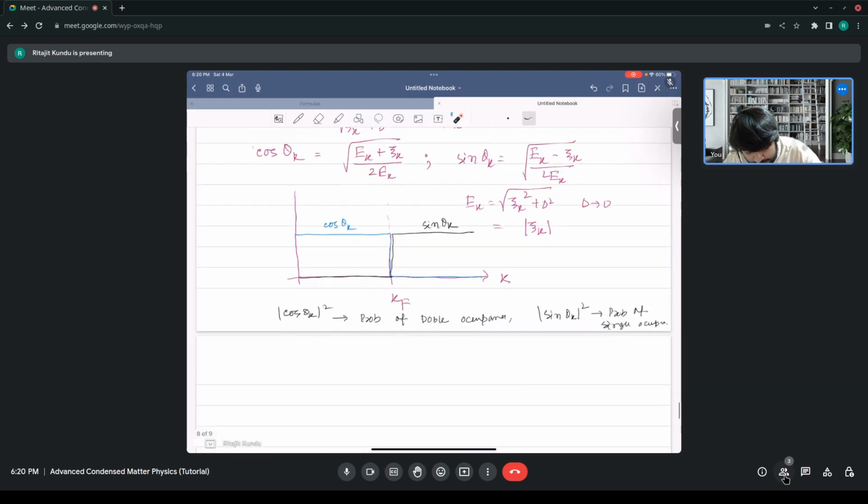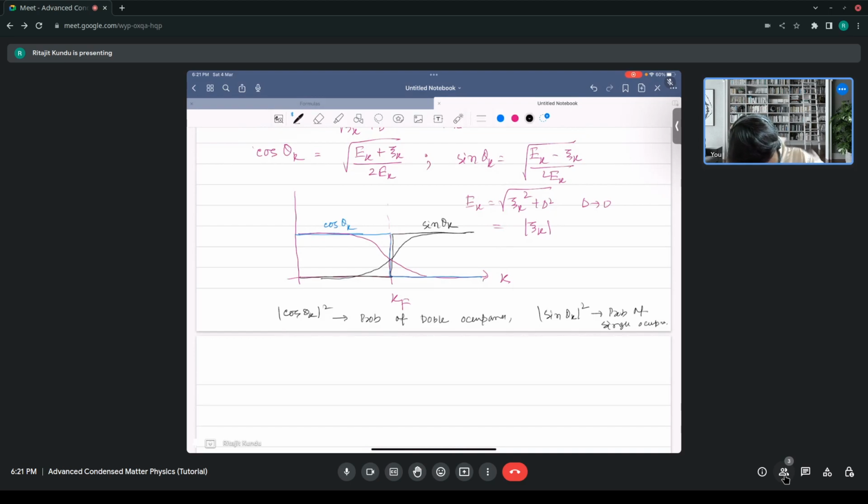So these Heaviside theta functions appear in a normal metal. But as soon as it becomes a superconductor, this will smear out a little bit, and the other one will also smear out.